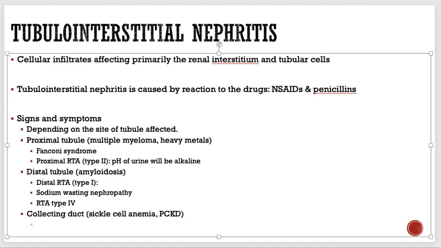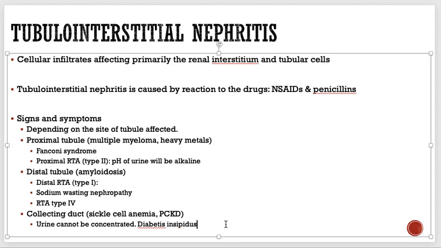Whenever the collecting ducts are affected, remember the urine cannot be concentrated, because this is the part where ADH works, right? So of course they will present with diabetes insipidus, and they present with polyuria. These are the patients who present with diabetes insipidus.